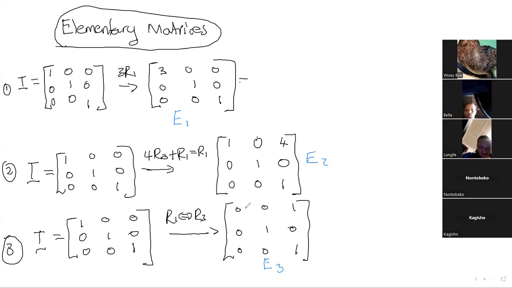A typical question on row operations, how would they ask it? I think they did ask it in the exam. I just want you to see that it's not difficult. The only tricky one is this one. The other two are easier. It's very simple to spot. You can just ask, what's the difference between this matrix and this matrix?